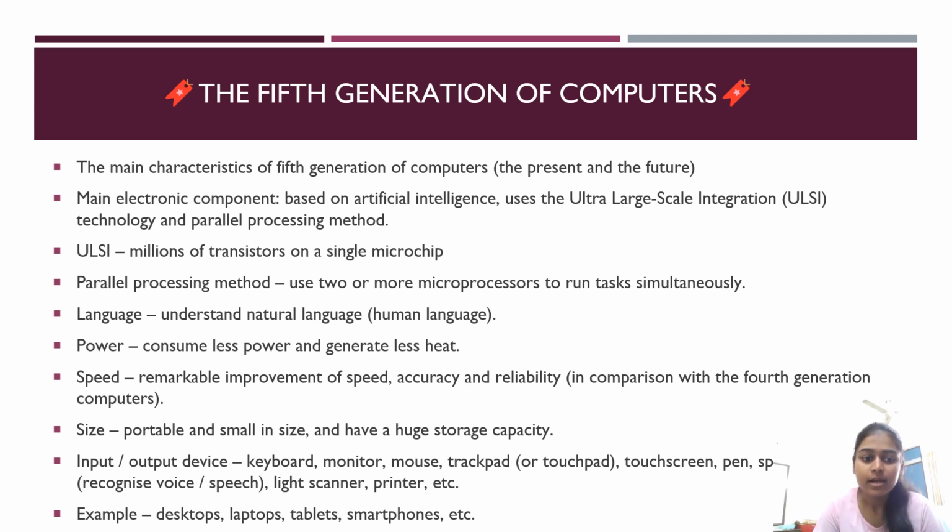Its size is portable and small and has a huge storage capacity. Input and output devices such as keyboard, monitor, mouse, trackpad or touchpad, touch screen, pen, light scanner and printer. Examples are desktops, laptops, tablets, smartphones, etc.